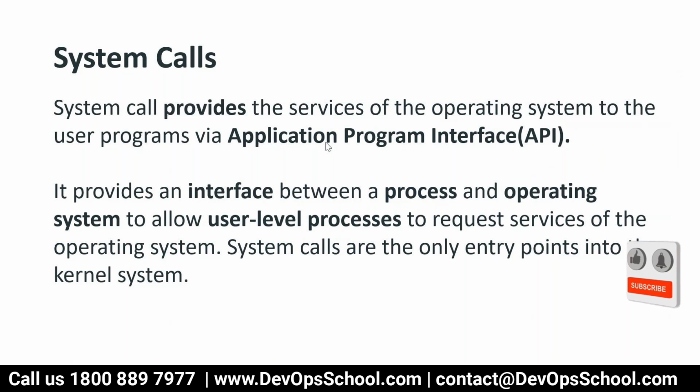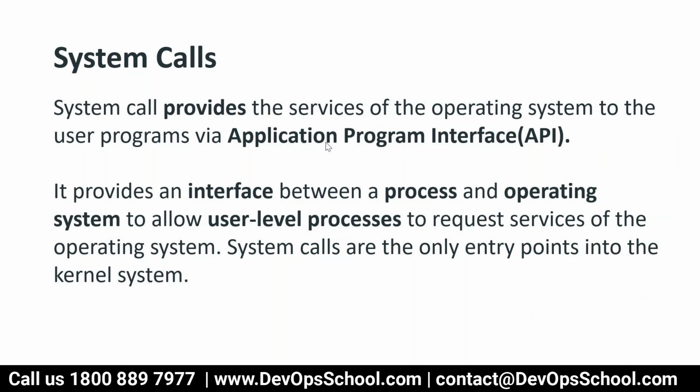But at a high level, system calls provide the services of the operating system to the user program. Mind it, a system call is for the user program via API, the application programming interface. It provides an interface between process and operating system, and the operating system here is the kernel.